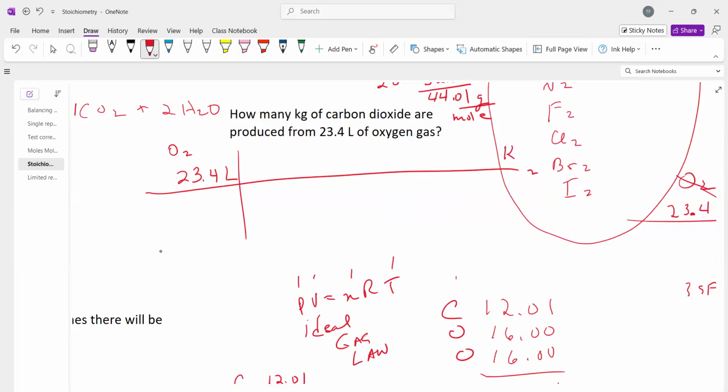So instead of this cute calculation we do up here, you put the ideal gas law there instead. So you solve for moles, because the first step is to get it to moles. So you put in your pressure, your volume, constant, and temperature. That would be this here.